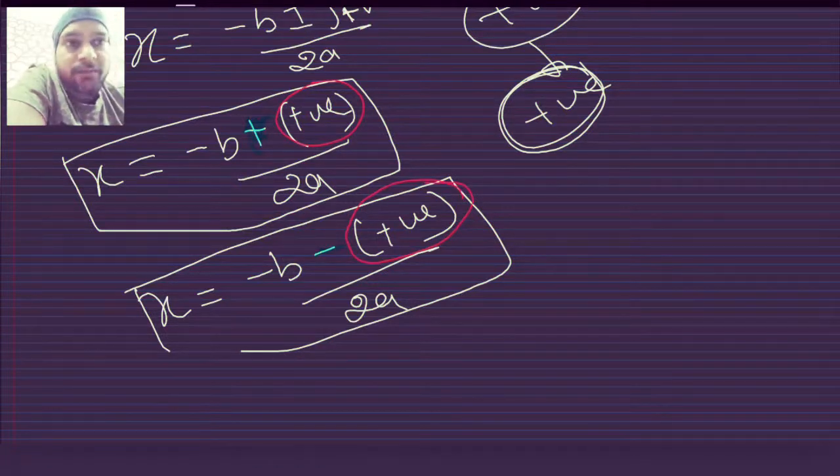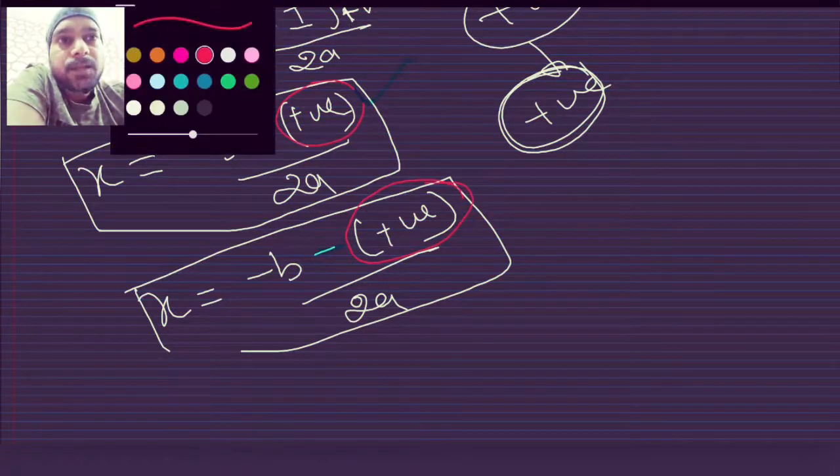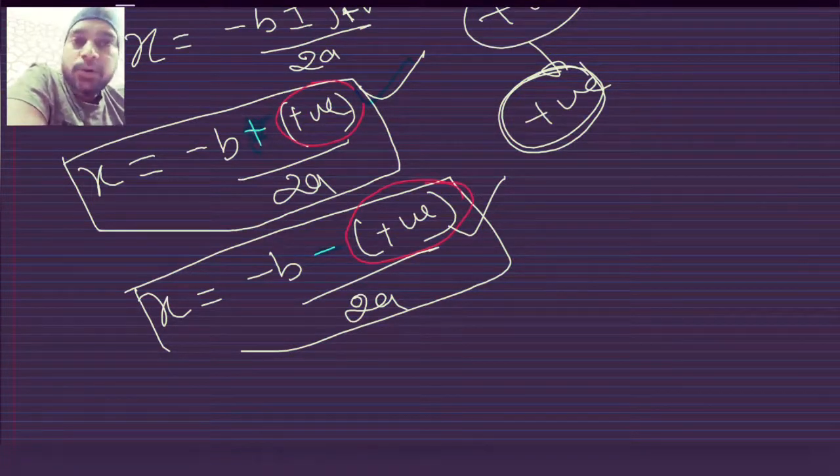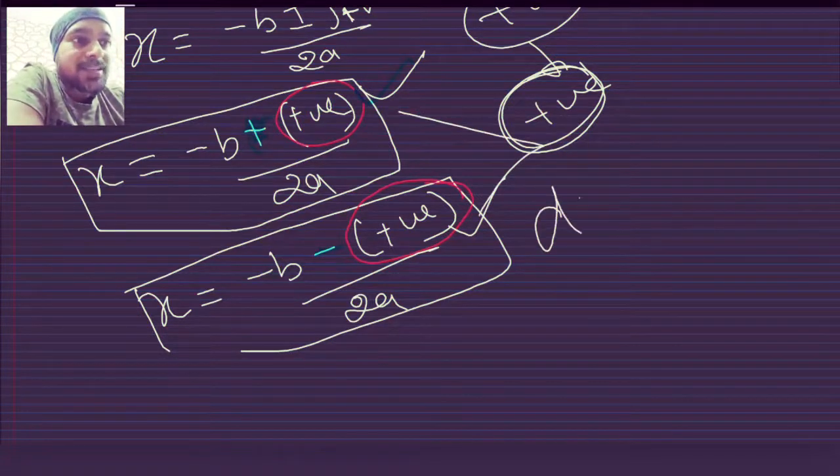So there will be two different values, because once you are adding a positive number, and in the other case you are subtracting the same positive number from minus b, so you are going to get two different numbers, right? 2a is common, so you divide the different values by 2a, so obviously you are going to get the final answers as different values. So here you are going to get two distinct roots.